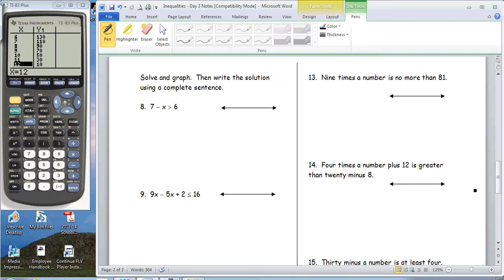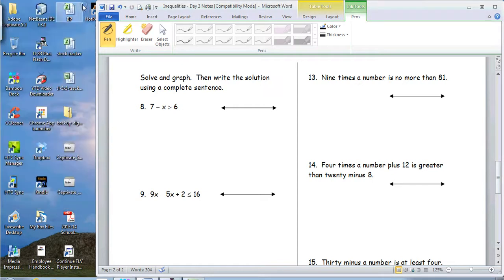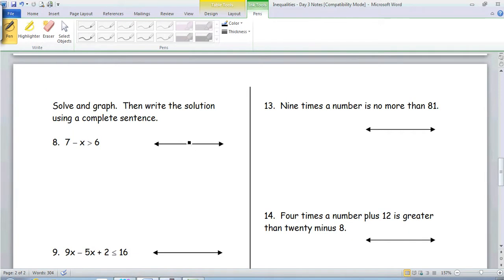Solve and graph. So I don't need this anymore. So let's just look at this. We're going to move our constant. Remember, bring down our negative sign or minus sign.